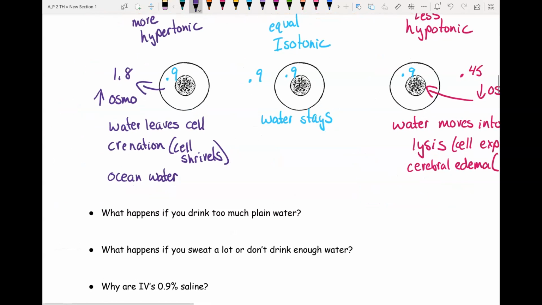So this would be if you add too much salt to your blood, or you fail to add water to your blood, you get dehydrated. Okay, this could also be like sweating a lot and not drinking to replace it. So it's true there is salt in sweat, but there's more water than salt. So when you're sweating, you have a net loss of water.